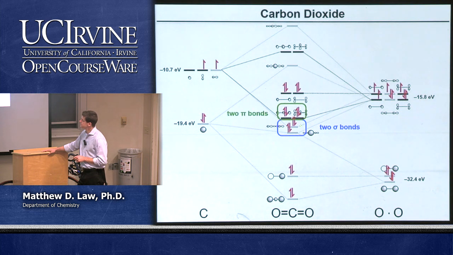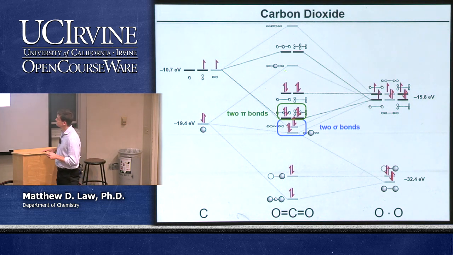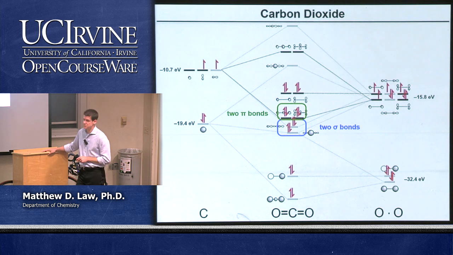We have 2 pi bonds. Okay? So we have the px and the py interactions yielding 2 pi bonds. And then the rest of the bonding, these guys here are non-bonding. This one is non-bonding. And this one that's really deep in energy is also essentially non-bonding. If you look at its wave function here, most of the electron density is going to be on the oxygens with very little on the carbon.